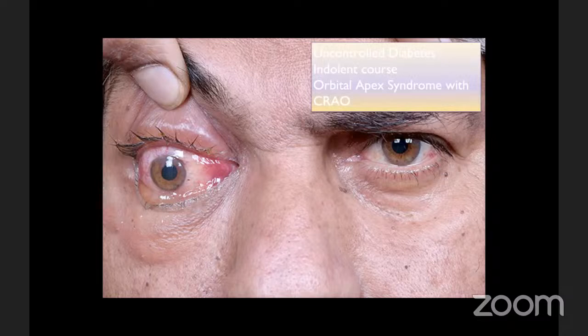So this is when you would suspect an orbital apex involvement, that is more posterior involvement. And if you see the systemic history of this patient, there was uncontrolled diabetes. So that would point towards an immunocompromised state. And this patient also presented with complete blindness. So this is where we would suspect a central retinal artery occlusion.